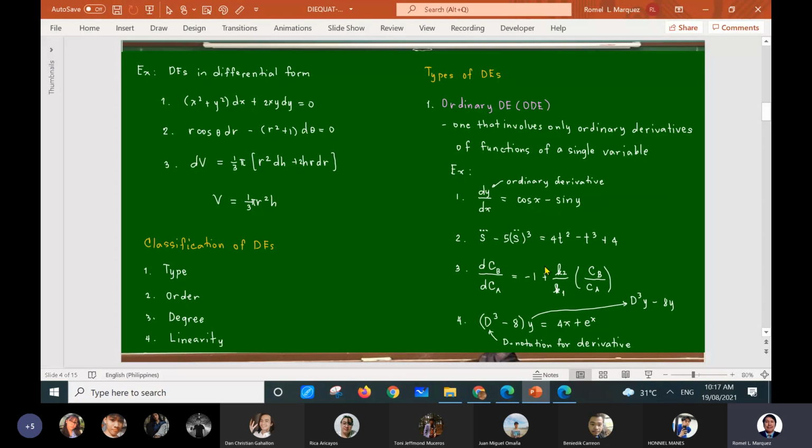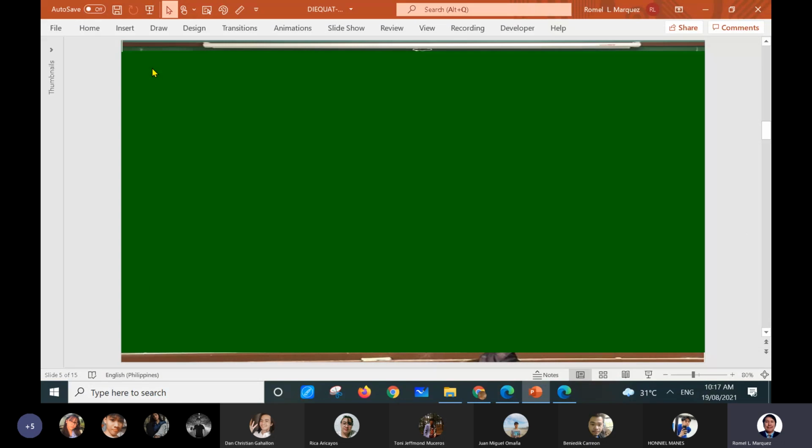So these are just some of those ordinary differential equations. Let us have the last one, number 5. We have the equation (x minus y plus 1) dx plus (2xy plus y) dy equals 0, which is in differential form.